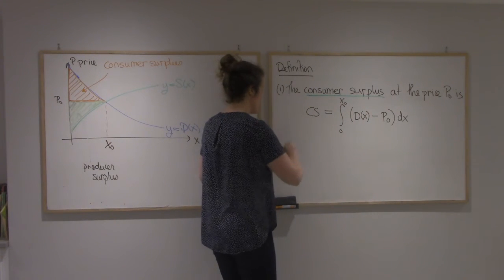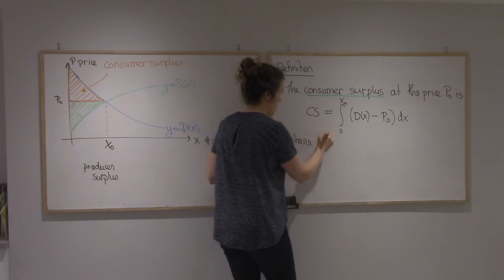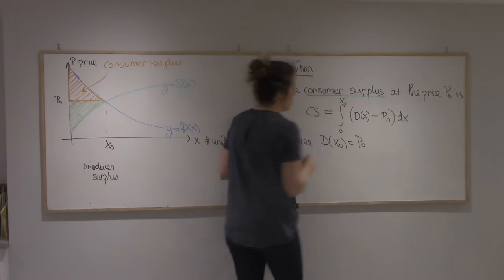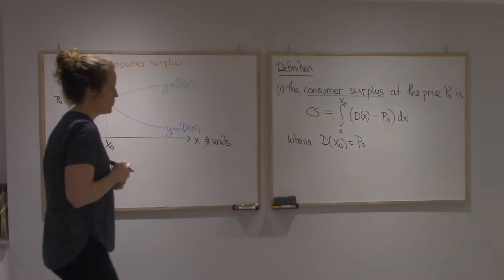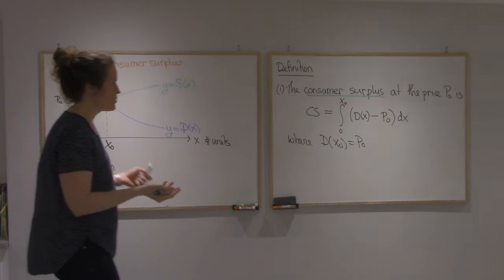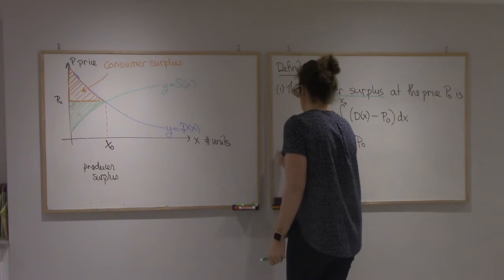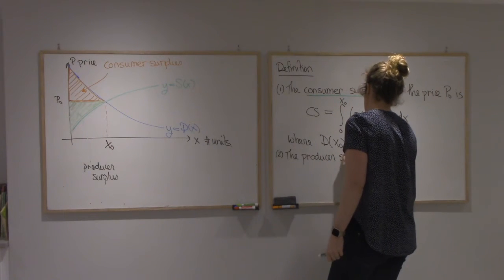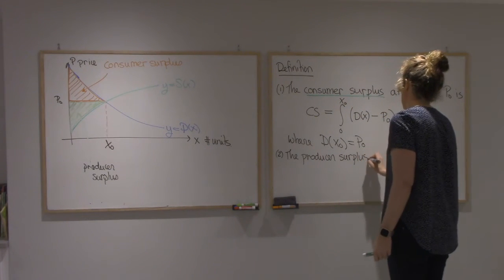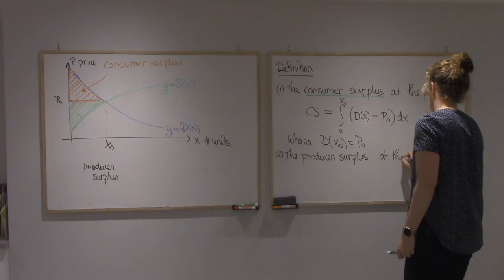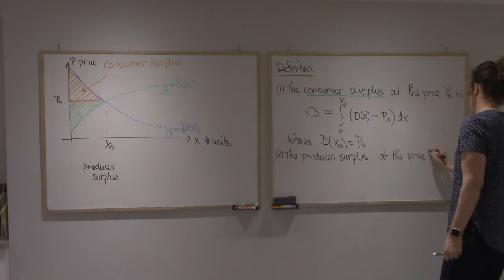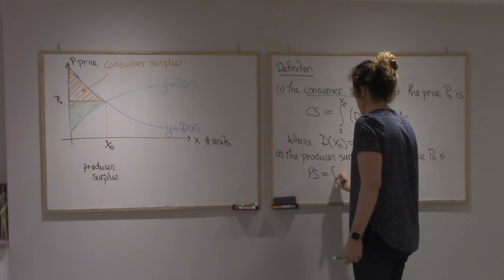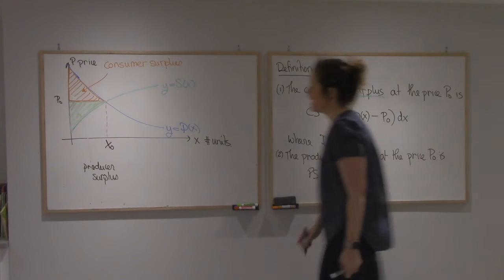And x0 you get because d of x0 gives you that price p0. Now if you want the producer surplus, surplus is the integral from 0 to x0 again.